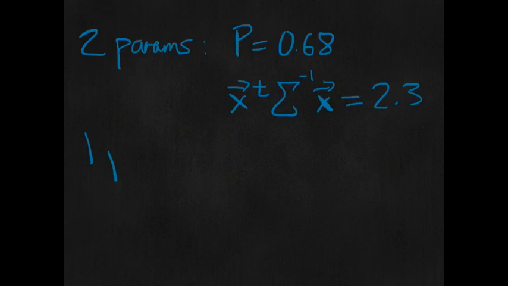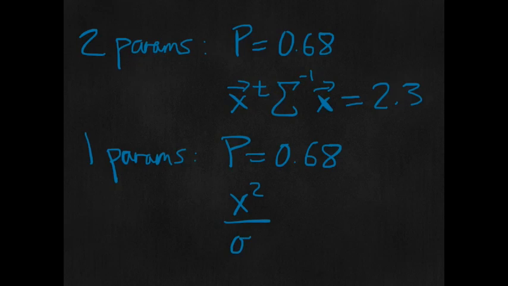Now for one parameter, back to our simple case that we did earlier in this video, if I again want p equal to 0.68, well, the one-dimensional analog for this was x squared over sigma squared. That's equivalent to what I have here on this left-hand side. This is equal to 1 for 0.68. So essentially, what this is telling me is that as I go to a higher dimensional parameter space, I need to go out farther in radius, if you like, than I did for lower dimensions. Here's 1 versus 2.3.